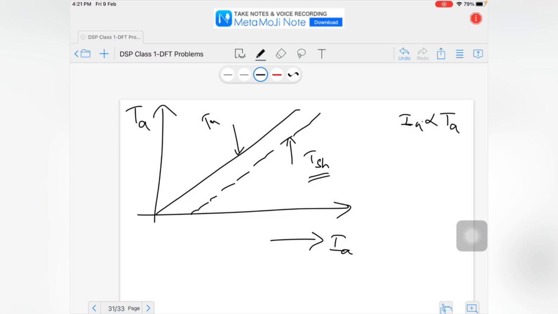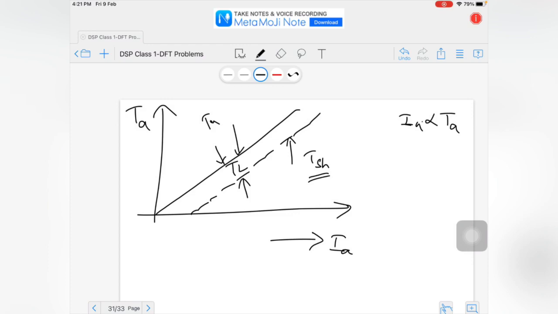The difference between the armature torque and the TSH is called TL, the load torque. So we can keep it in mind: the shaft torque is always less than the armature torque due to iron losses and mechanical losses of the DC shunt motor. Hence we can show TSH value is always less than the armature torque.